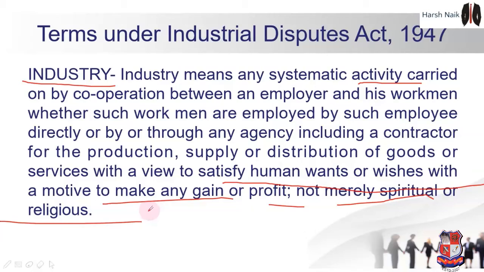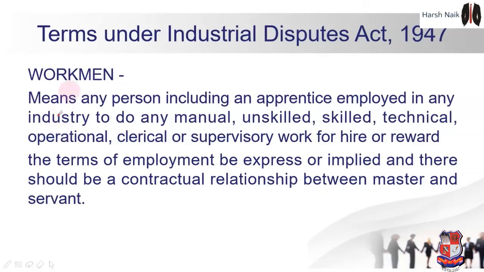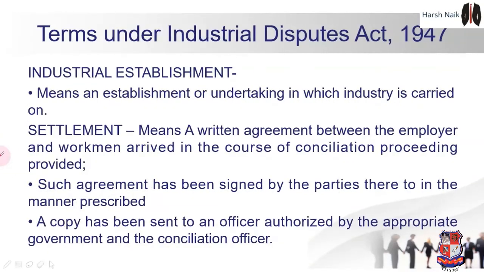That is one kind of technical definition of industry, right? Then workmen means employees, right? The persons who are working in an industry to get money by doing their work or their job. That is called workmen. Then industrial establishment means any establishment or undertaking in which the industry is carried out. The place where the industry is developed is called industrial establishment.